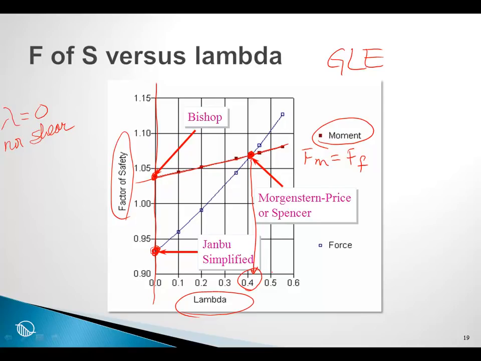But we'll come back to that later. So, the GLE plot is something that can be produced in SLOPE/W, and I will show you in a few minutes how to do that, but it provides a lot of useful information in interpreting the results. And at the end of this session, we will recommend highly that looking at results is more than looking at factors of safety. We should also look at things like the GLE plot.